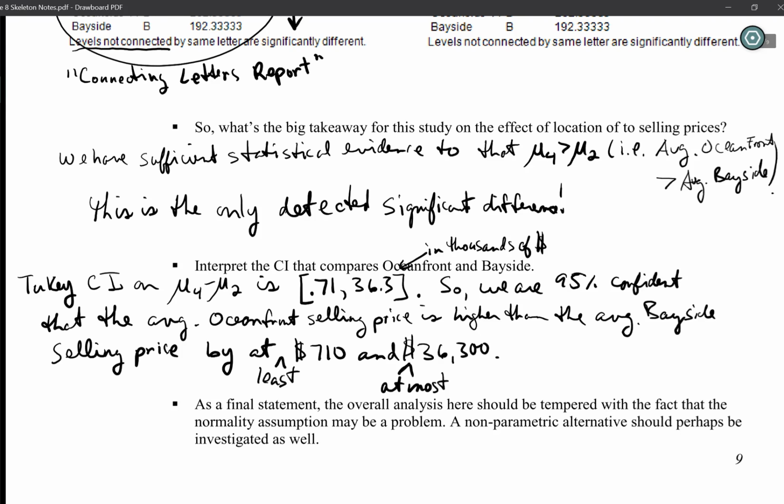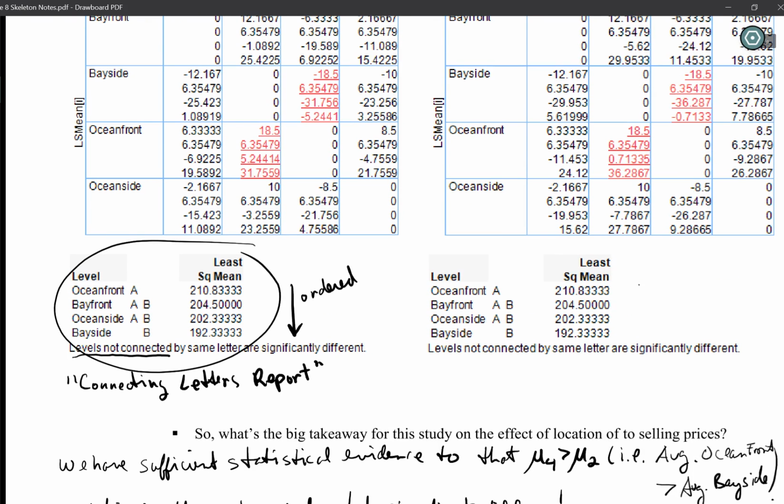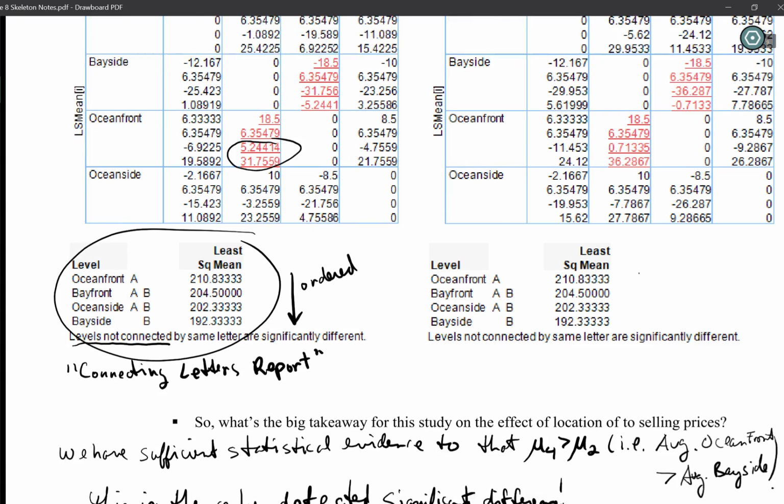Now, is this wide? Yeah, that's a really wide interval, 710 to 36,300 in terms of average prices. In fact, if you look at the Fisher's interval, it's a little more narrow. It would be around 5,200 up to 31,700.